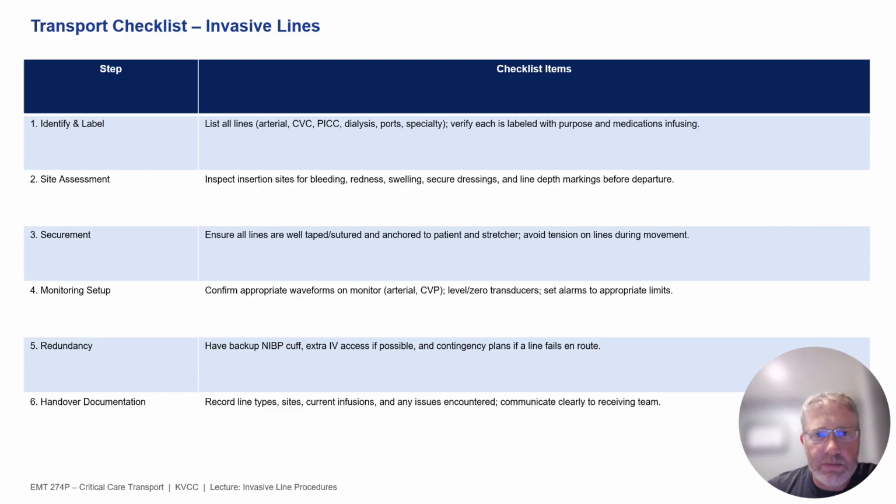Step six is documentation and handover. Always document everything and give a thorough handover to the receiving team. This checklist itself should take you less than 5 minutes to run through for each line, and it can really prevent catastrophic errors.